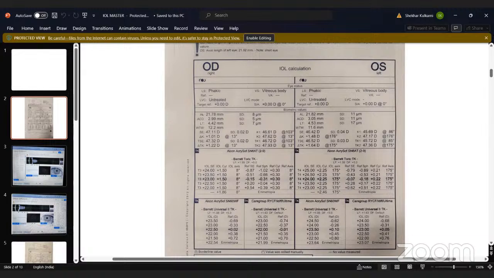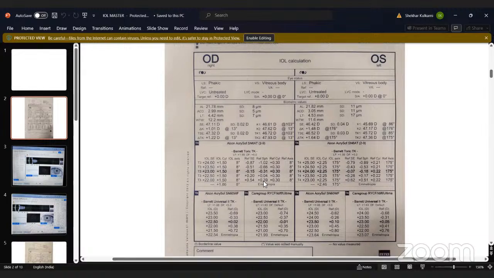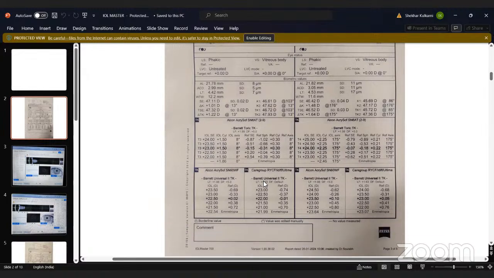But the most commonly used is the Barrett Suite, which is available. And there are multiple lens types also. You can select the lens type which you are going to implant in the patient. So here Alcon Acrysof is present and Alcon Acrysof NS68. You get different measurements for every IOL. It depends upon the A constant also.